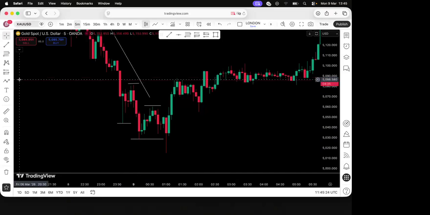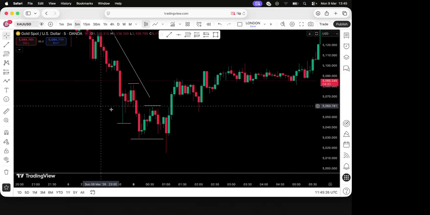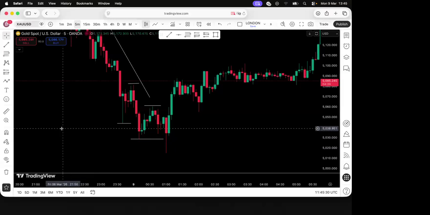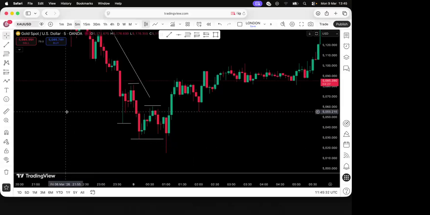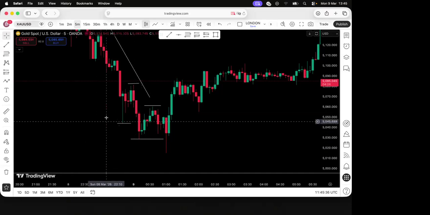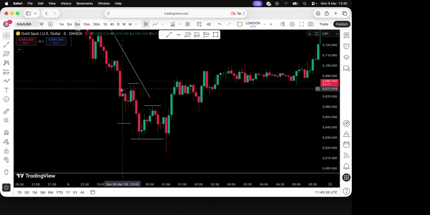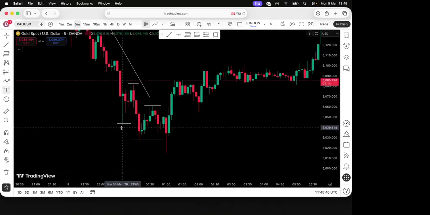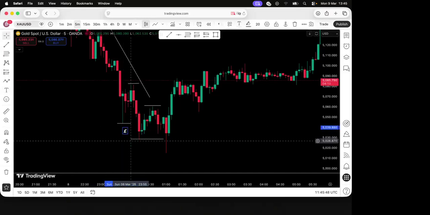And what do I mean by liquidity? Liquidity is an area in the market where a lot of people and institutions will have their stop losses, or additional orders. So what you'll find here, guys, is where price comes down and starts to move up, a lot of people would have their stop losses under here.